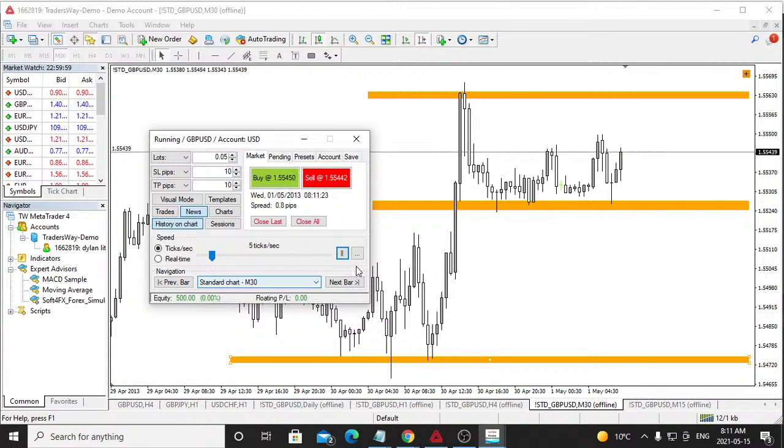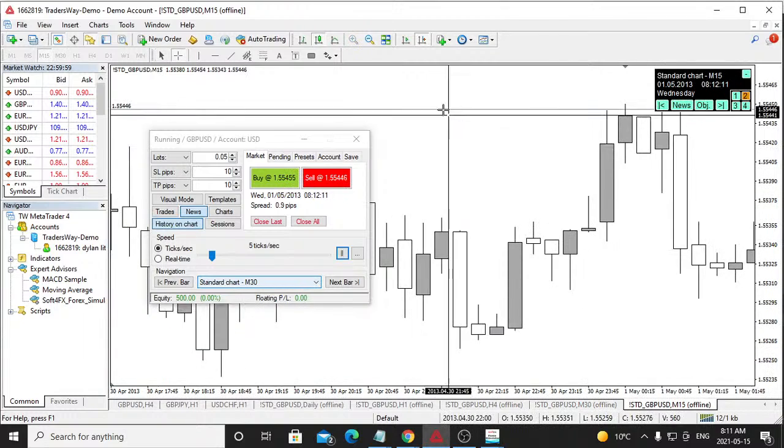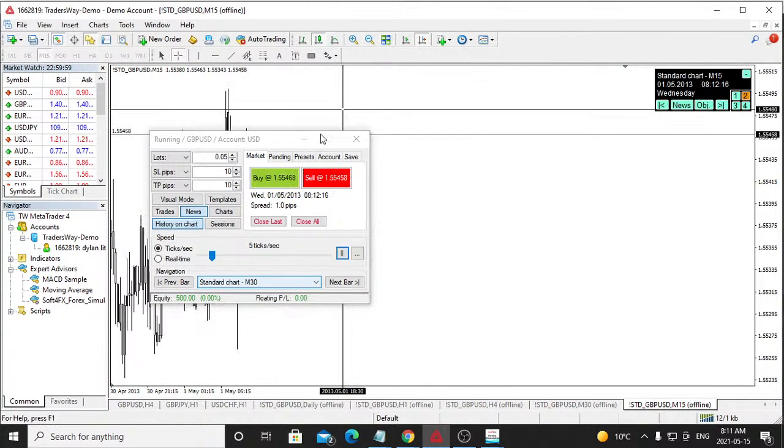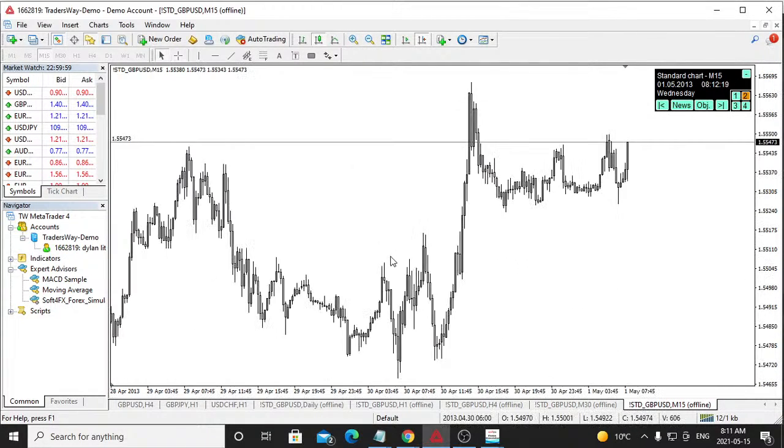Let's see what happens. So another 19 minutes until this 30-minute candle closes. So let's zoom into the 15 minutes and see what's going on with the 15-minute. Yeah, so we're breaking above the top here now.